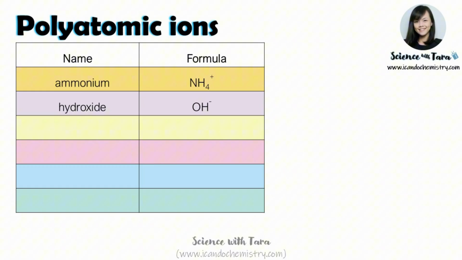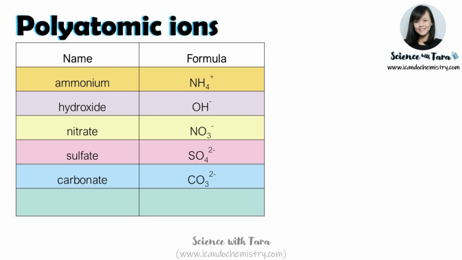Hydroxide, OH-. For nitrate, NO3-. Sulfate, SO4 2-. For carbonate, it is CO3 2-. For sulfite, SO3 2-. Now these are very important polyatomic ions that you should remember, as they appear quite often in exams.